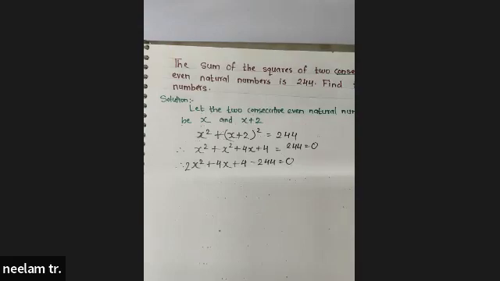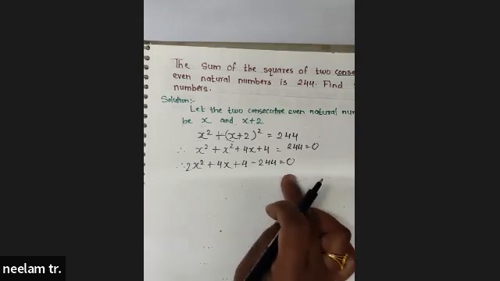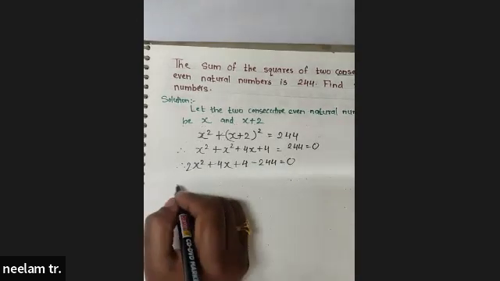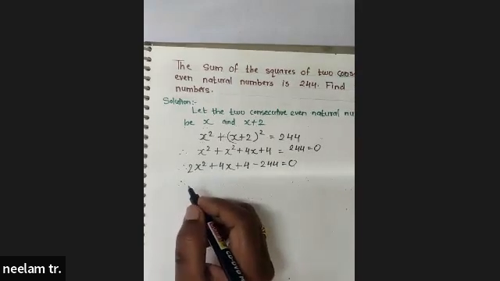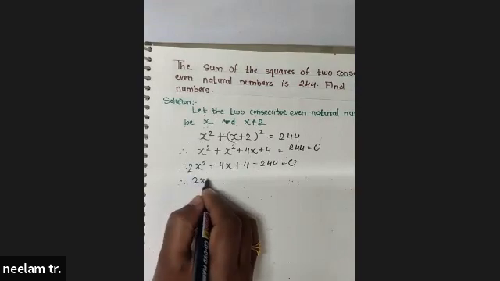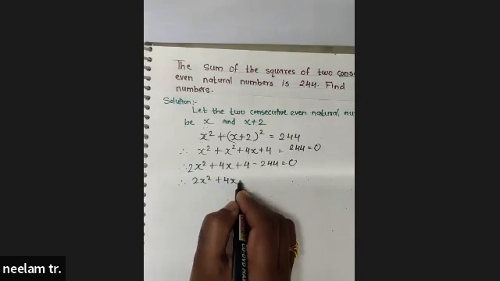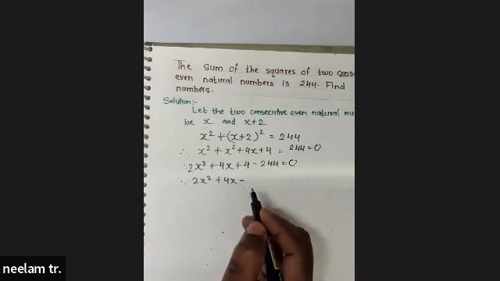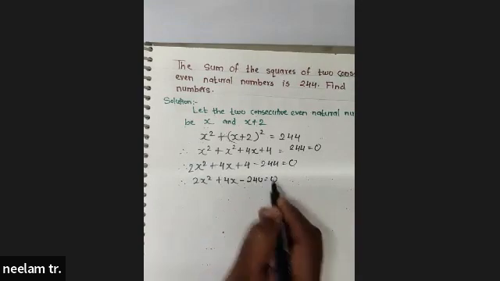Now minus, what will it become? 244 minus 4, you will get 240. The sign will be minus. So 2x square plus 4x minus 240 is equal to 0.